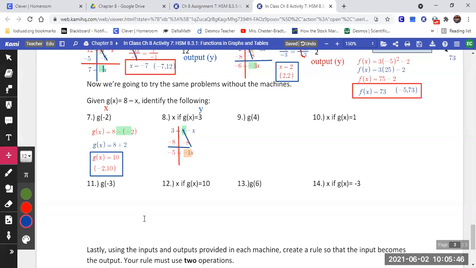If it was a -5, it wouldn't change that. Whatever we do, if there's a regular number in front of the x, we would do now. So we have to divide what? Both sides by -1, exactly.